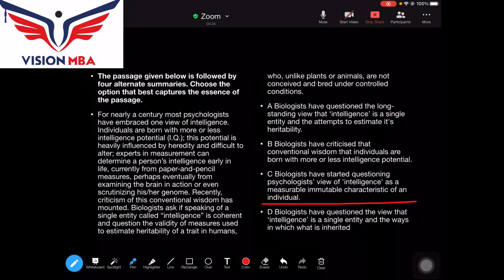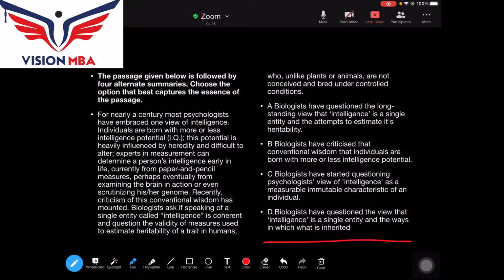Third one: Biologists have started questioning psychologists' view of intelligence as a measurable, immutable characteristic of an individual. Fourth option: Biologists have questioned the view that intelligence is a single entity and the ways in which it is inherited. So basically, after reading these 4 options, what do I get to know about the paragraph? Guess what, I have not even read a single word of the paragraph yet.